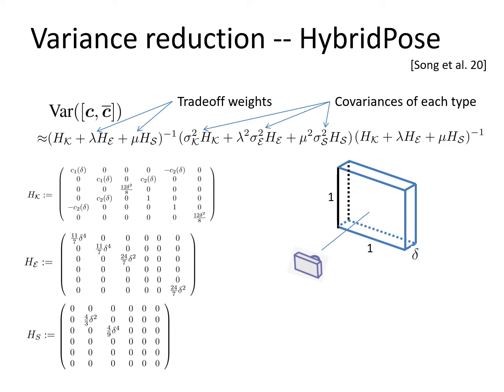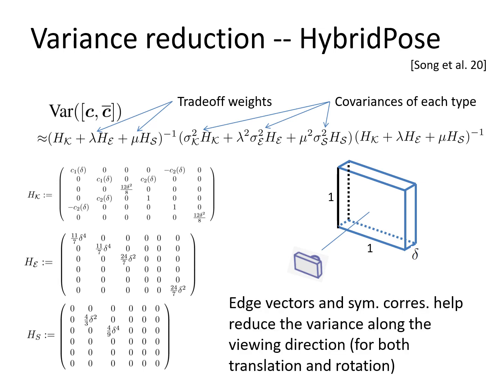We can see that the H matrices of edges and symmetry correspondences contribute to certain elements, which correspond to the translation and rotation along the z-axis, which is the viewing direction in this case. So in other words, edge vectors and symmetry correspondences help reduce the variance along the viewing direction for both translation and rotation. And this explains why the hybrid approach works remarkably well on non-modal occlusion, because the intermediate prediction is quite noisy.